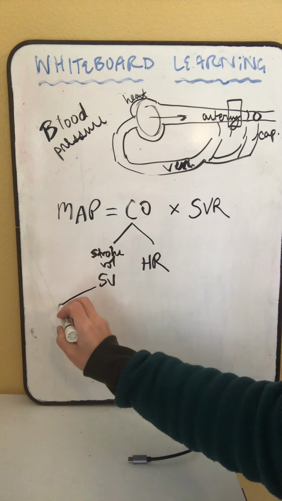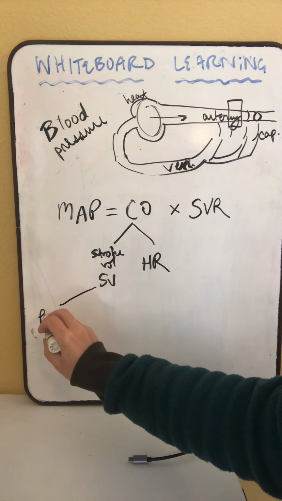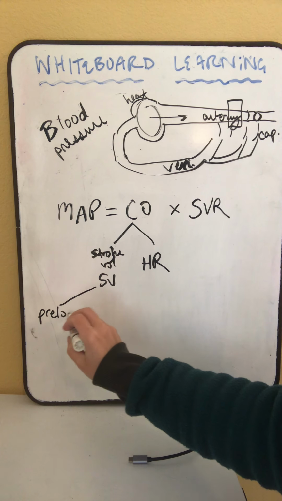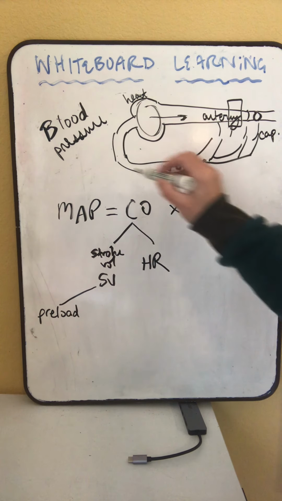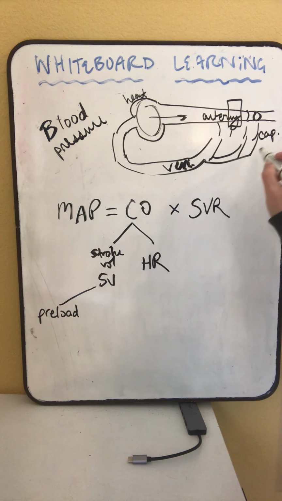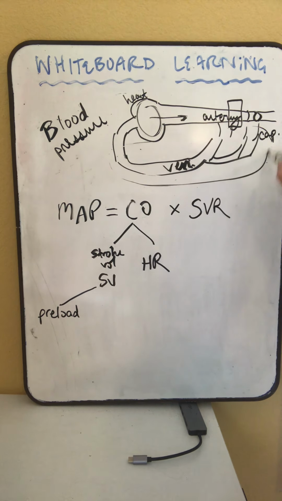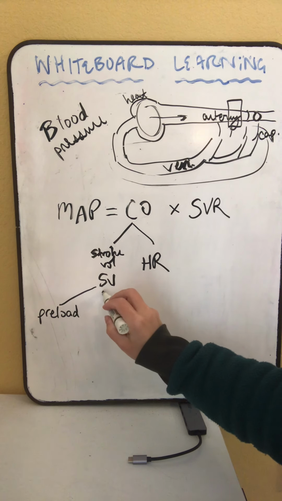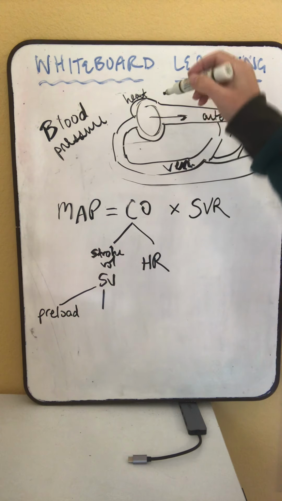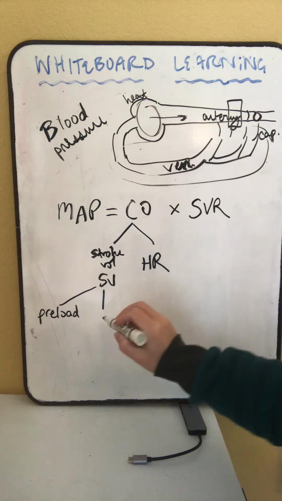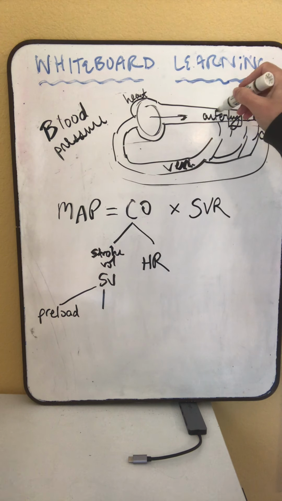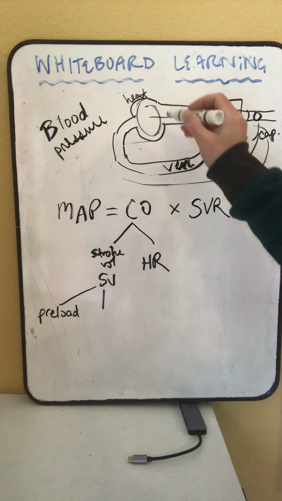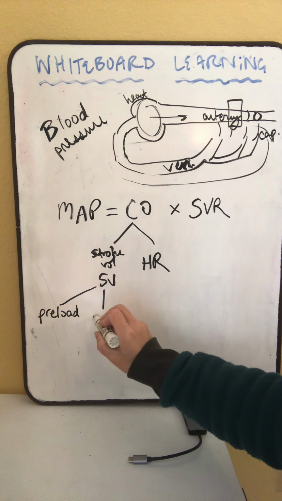Now, what determines stroke volume? Stroke volume can be related to the volume of blood returning to the heart. That's preload, meaning it is preloaded before the pumping, and that's determined by the venous system, how much fluid is returning. And then you also have a volume in there already that you're pumping against. It's not taking into account the resistance of the arteries, but the volume that you're pushing against, and that's afterload.